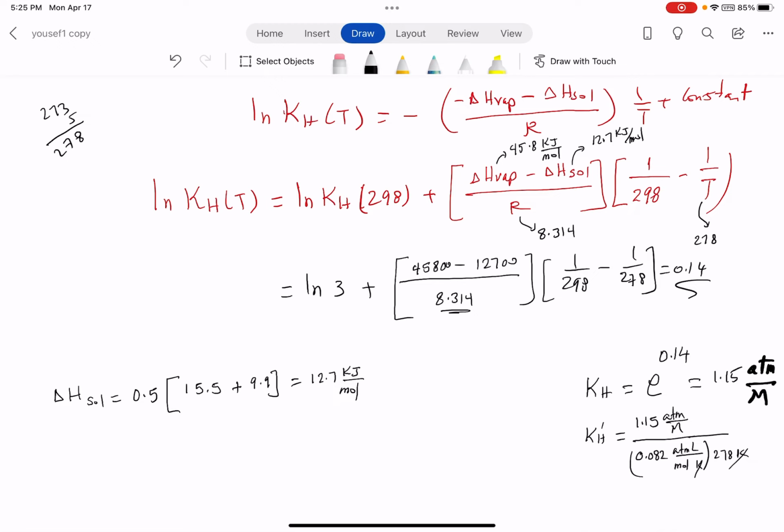Kelvin with Kelvin, atmosphere and molarity with molarity, you will end up with 0.05, and that is unitless.